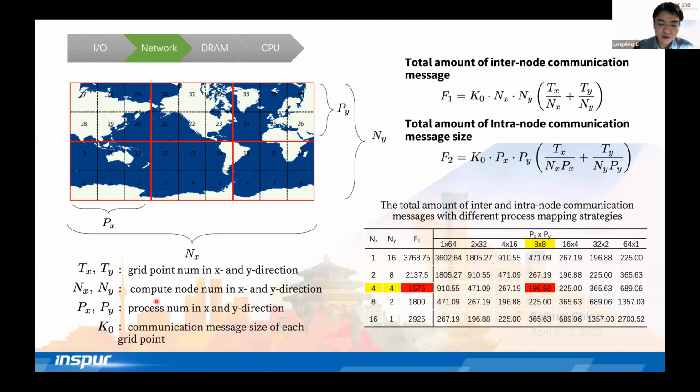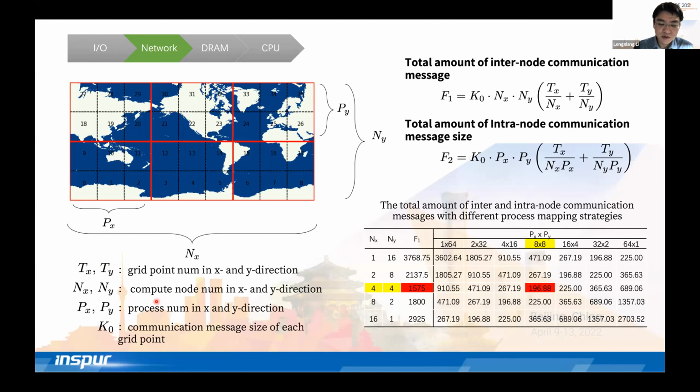Okay, the last part is applying the optimization method in some material science applications. The first is the VASP software, which is used for electronic structure calculation and quantum mechanics and molecular dynamics simulation.